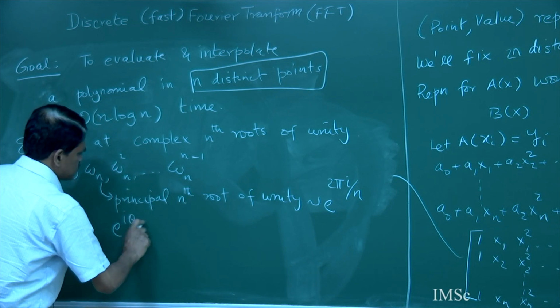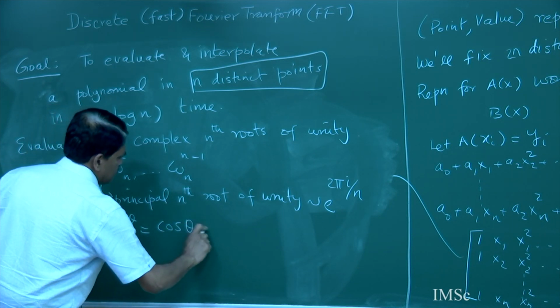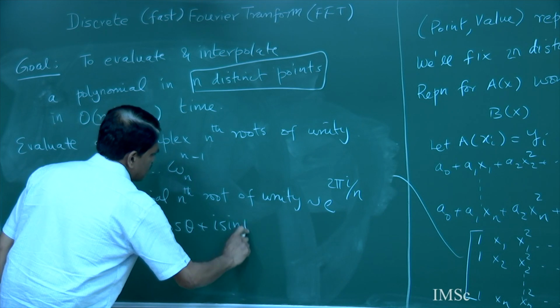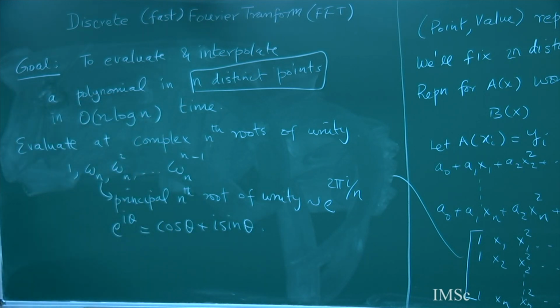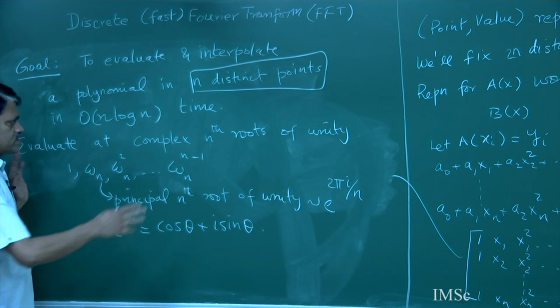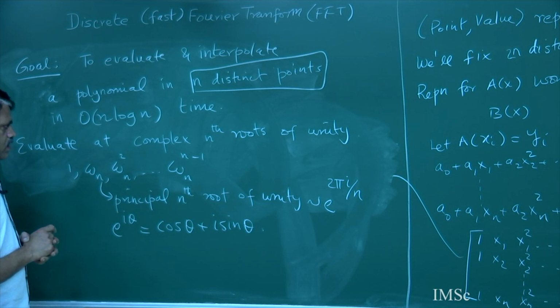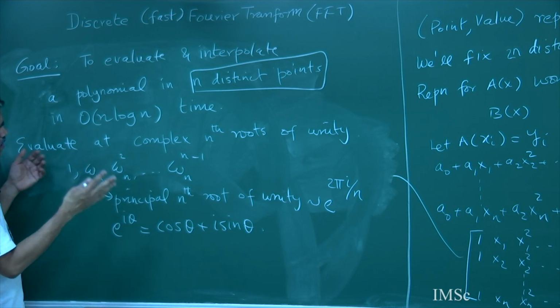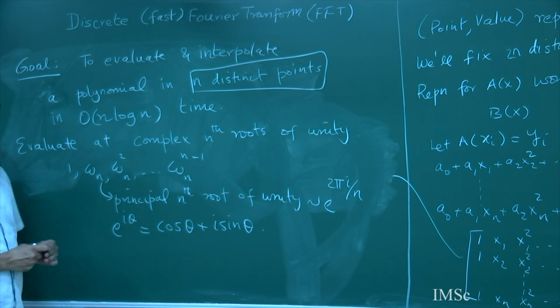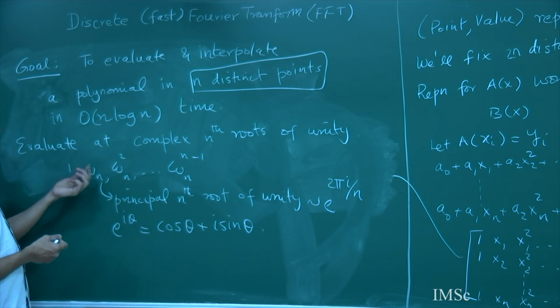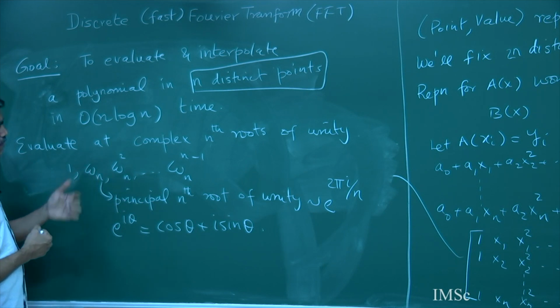Because these are complex numbers, we're going to be working with this complex field. So what do we know? This set of numbers forms a group under multiplication. Everybody has an inverse, they're closed under multiplication.